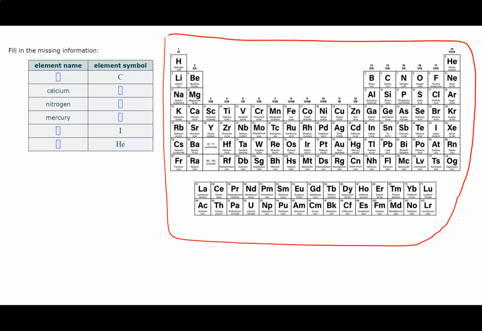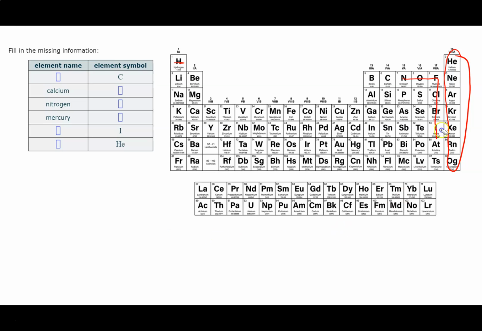You can also always label your periodic table. People will draw in the diatomic 7, people will circle the ones that are gases, or they'll shade things. So, getting used to using the periodic table and finding those different versions of the periodic table is a useful thing to do.